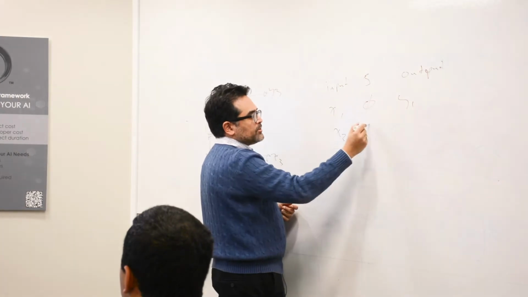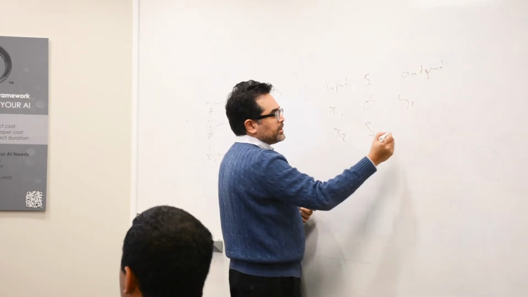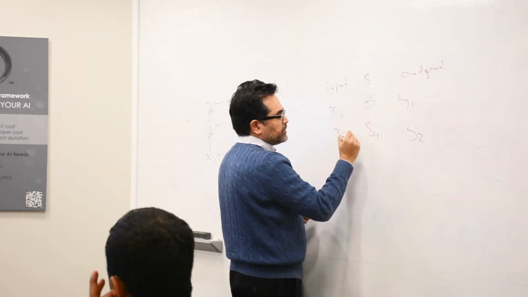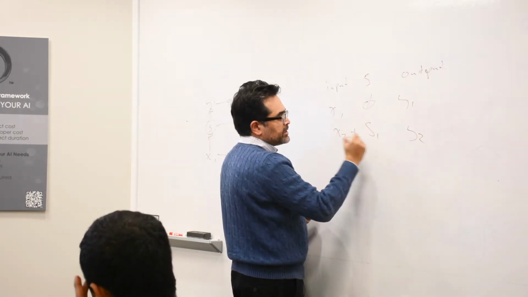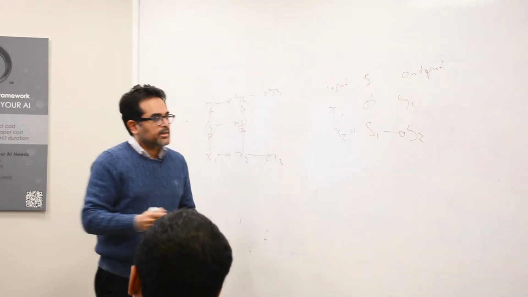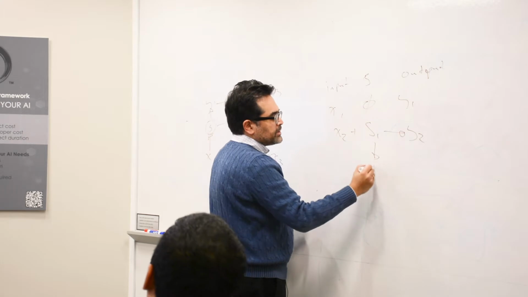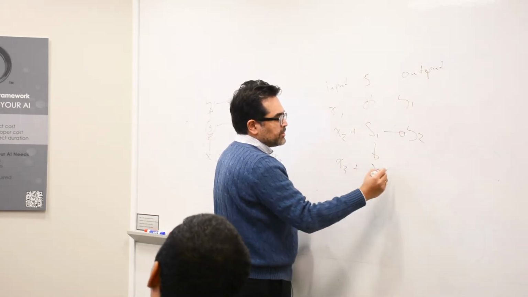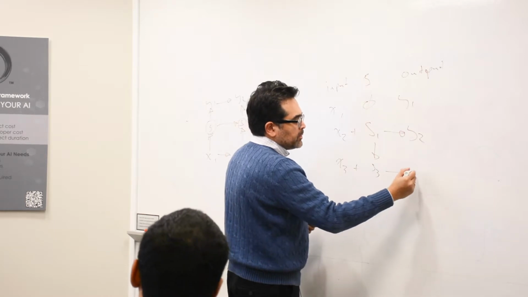So the state has now changed. You go into s1, and that goes into y2. So x2 plus s1 goes to y2, and that's the next in your training set, and then goes to s3. So you've got x3 plus s3 going to y3.